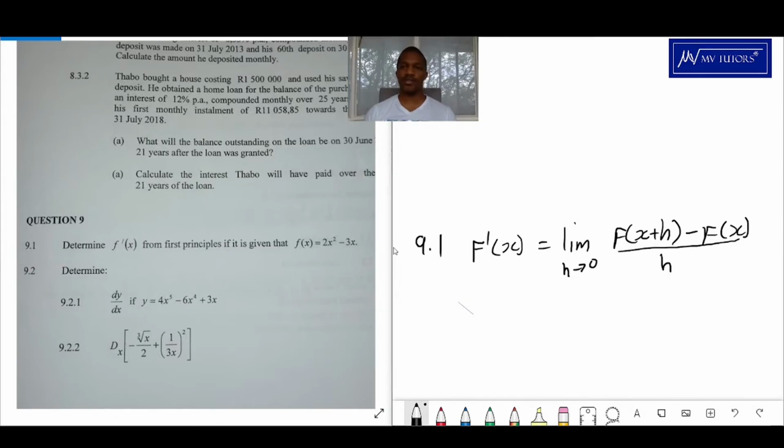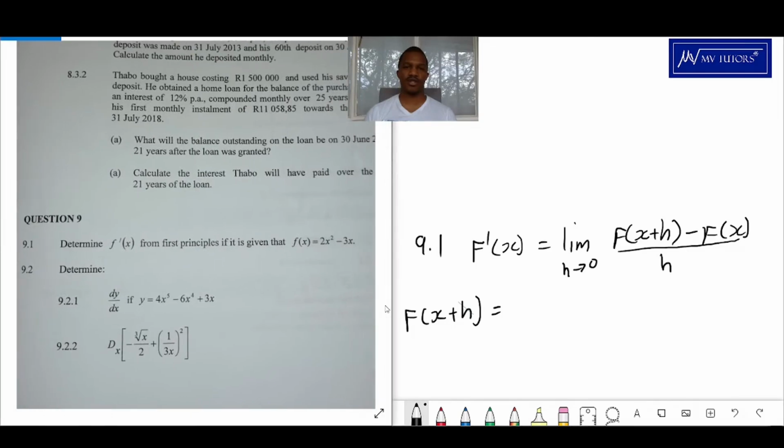So what I want to do now is just take this part of it and solve f of x plus h on its own. It means where there's an x in this equation, I'm going to put x plus h. So for example, it's 2 times x plus h. Now it should be squared, but instead of squaring it, I just want to put 2 of them because I want to solve it right away.